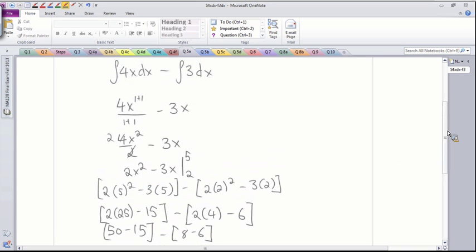How did I get 4x to the 1 plus 1? If we're trying to find antiderivatives, like we have a power rule for derivatives, we also have a power rule for antiderivatives.